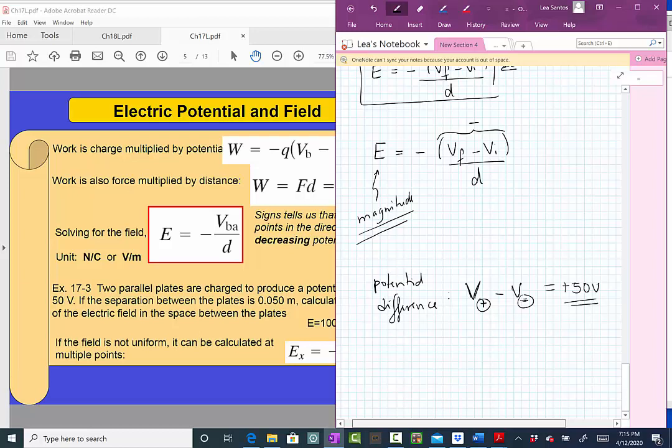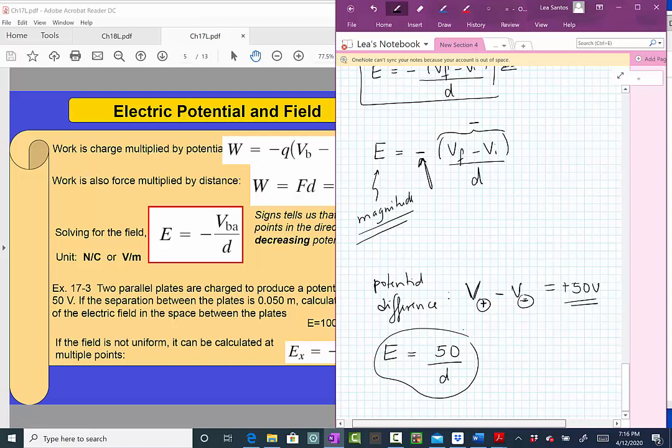So if you want to compute the electric field, you don't think about putting this minus sign. You just go straight: 50 divided by D, which in that case is 0.05. Because this is an equation that is going to give us just the magnitude, no sign.